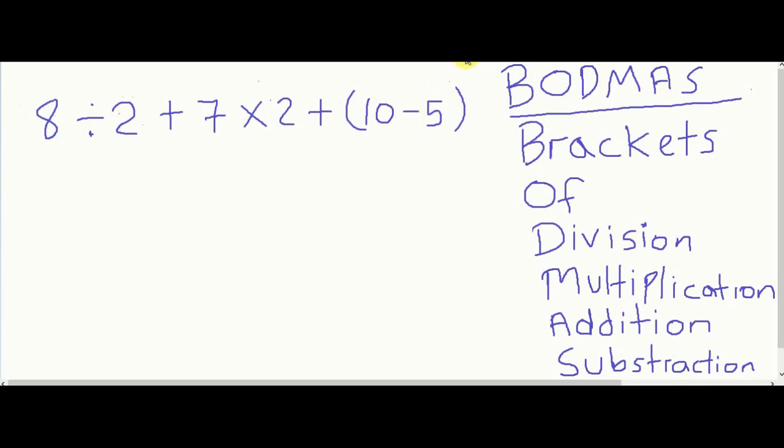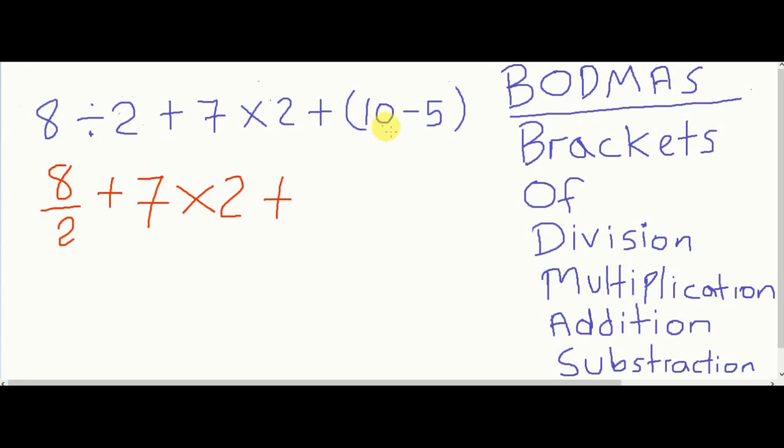That's the first thing we're going to take care of, the information in the bracket. So I'm just going to write back 8 divided by 2 plus 7 times 2 plus, so you put back the plus sign here.